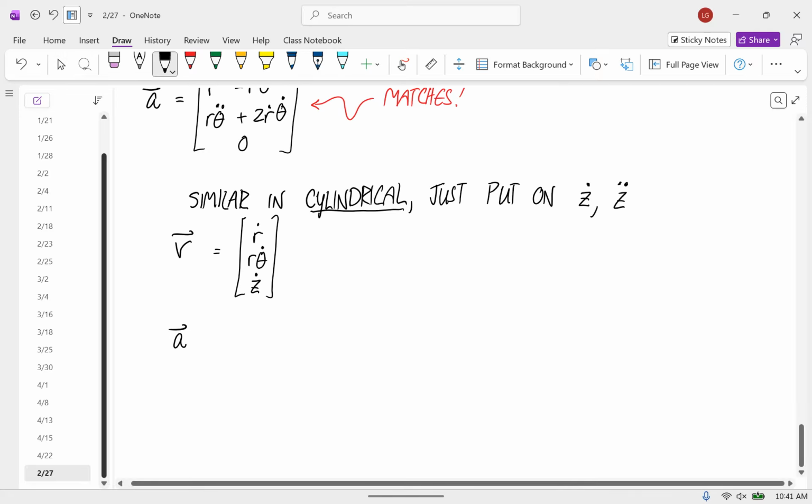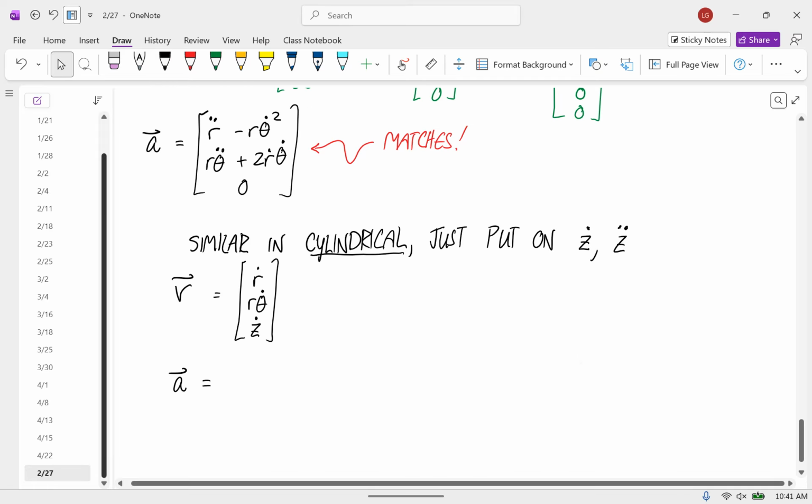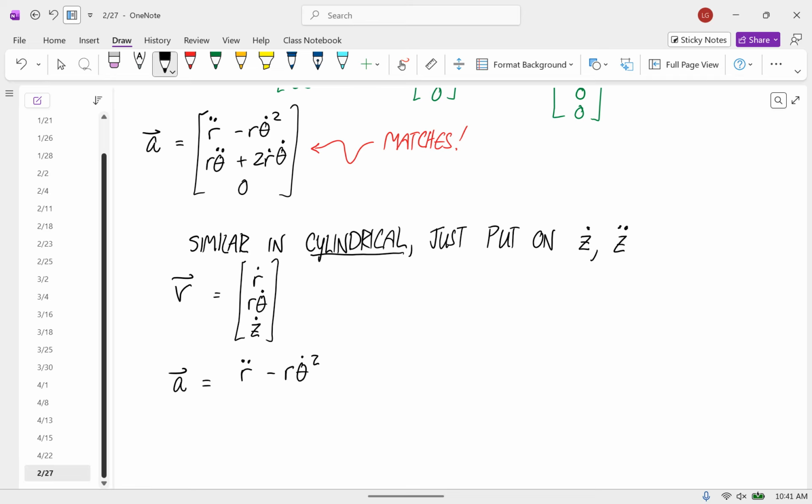And acceleration is equal to r double dot minus r theta dot squared. Then the second component is r theta double dot plus 2 r dot theta dot, and then z double dot for the z component.